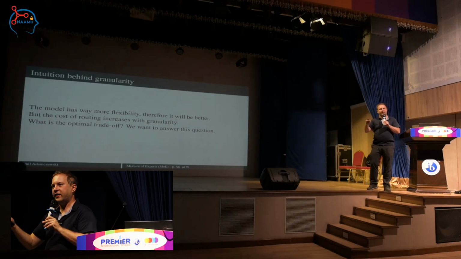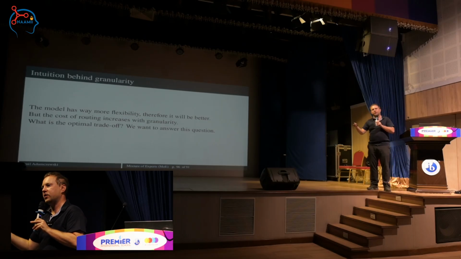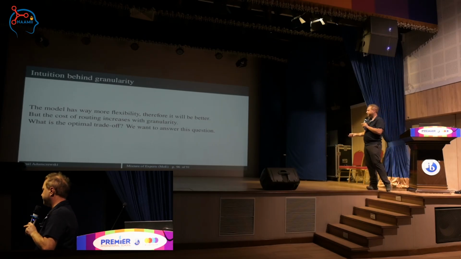It will have more experts. If we have, say, 8 experts and we divide each of them into 2, then we will actually have 16 experts. So there will be more flexibility that allows the model to learn more diverse features.